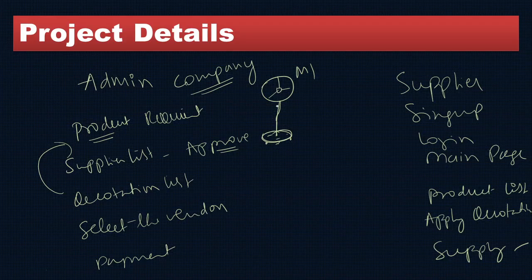Then they'll ask some other vendor for the fan inside, the motor, the outside grill. So at least 10 to 15 products are required to make the complete fan, and the wire. All this will be raised here. So whoever would like to supply, they write to send the quotations, and then we'll select the individual vendor for the particular part, and they need to supply, and we'll assemble in the company, and then we're going to sell it as an individual product. This is how the whole logic works.